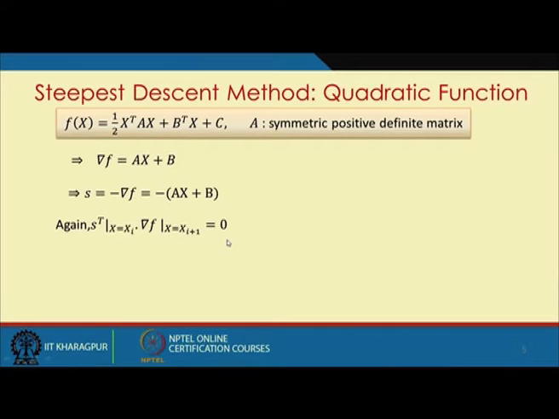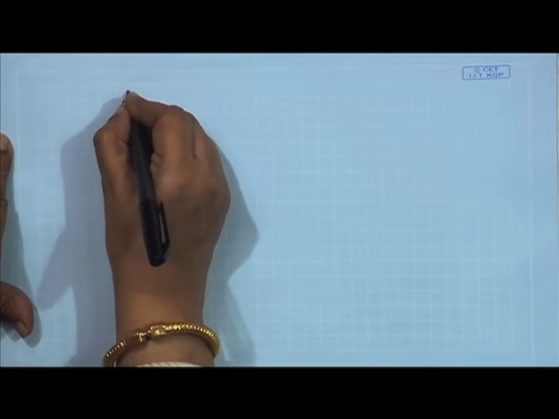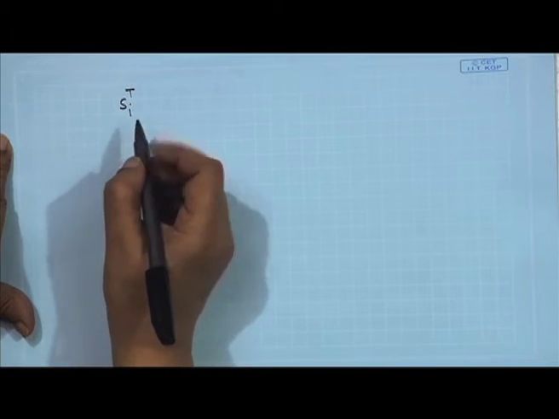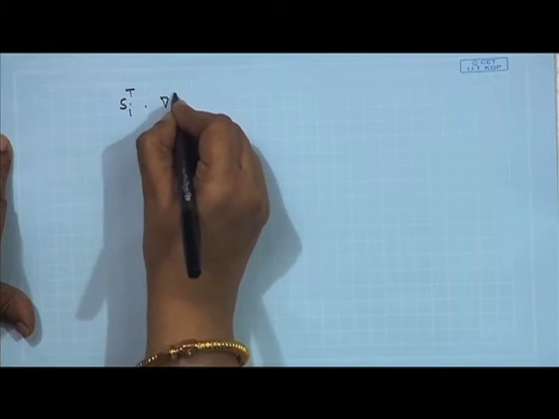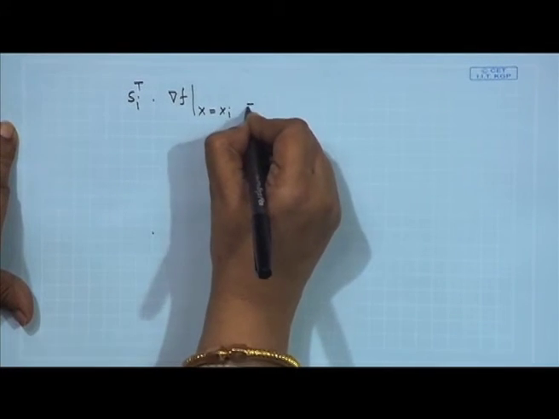Once we could say it, you see, again let me elaborate these calculations for you. Si transpose, if I write it, Si transpose times grad of f at x equal to xi plus 1 is equal to 0.